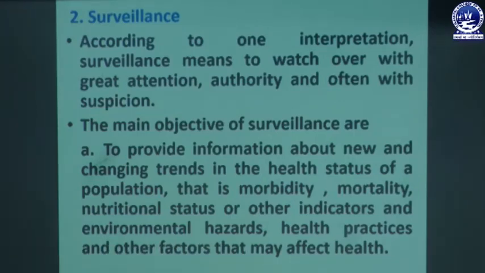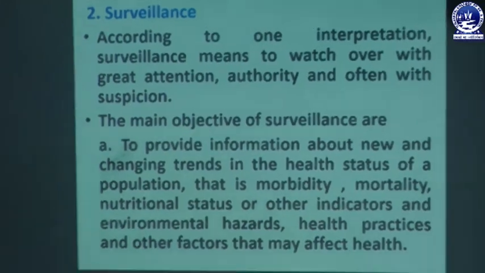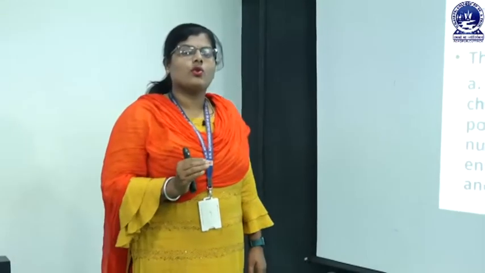In surveillance, we can know about the interpretation of the disease. The major objective of surveillance is that we can know the information about different factors: agent factors, host factors and environment factors.